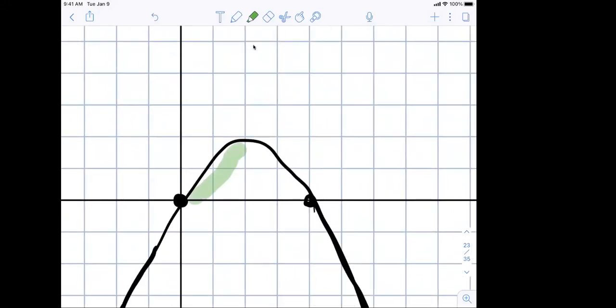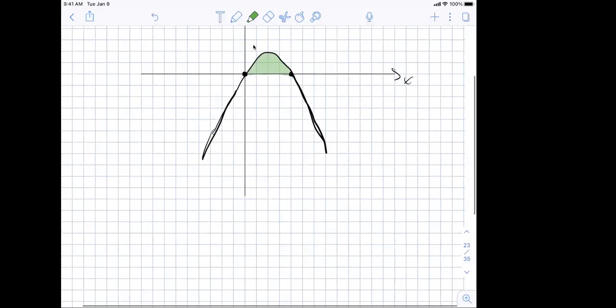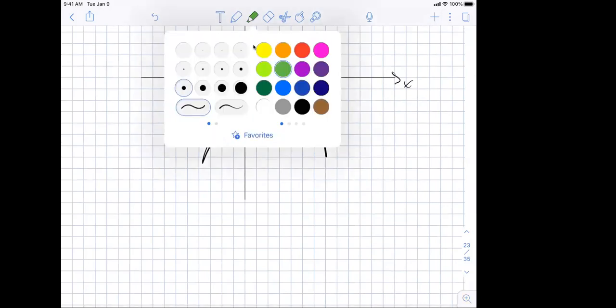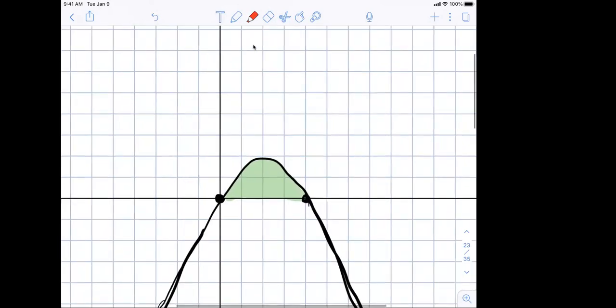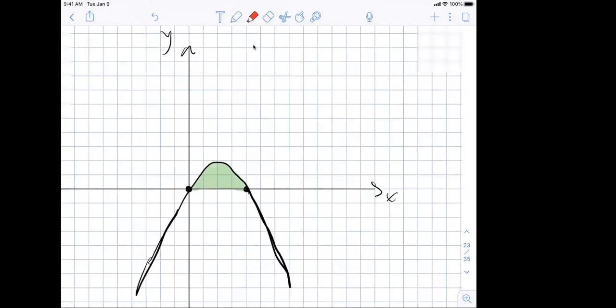When they say bounded, they mean the region that is finite. Technically, there's a region beneath this, still between y equals 0 and this curve, but that region is unbounded. It goes on forever down here. We don't want that. We want the region that has as its boundary these curves, and that's exactly this green region here.